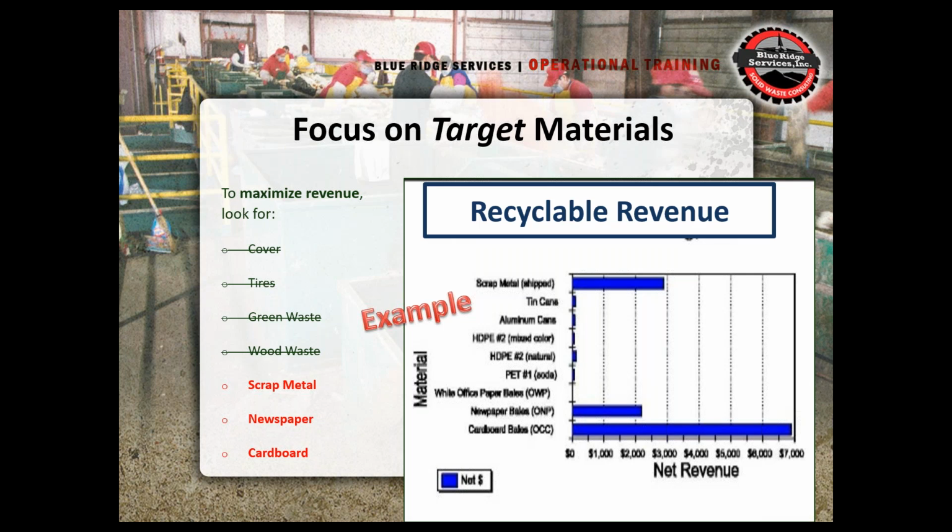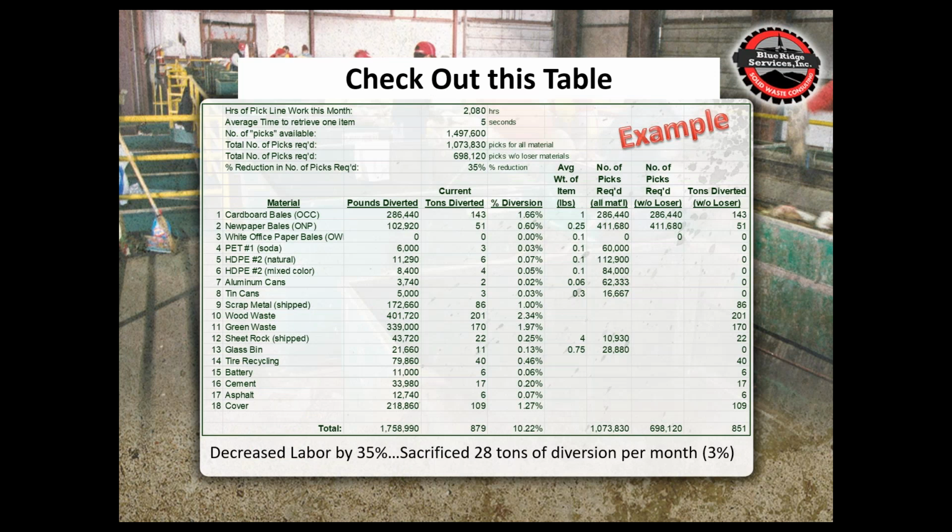Here's a chart we conducted at a MRF, and it shows a pickline analysis. We did a bunch of time motion studies, video analysis, many hours on site gathering data, and even more hours analyzing that. And we were able to identify on the main part of this table here, for example, item number 1, cardboard bales, how many pounds we diverted, or how many tons, 143 tons diverted, what percent diversion that equated to, and how many picks were required to get that.